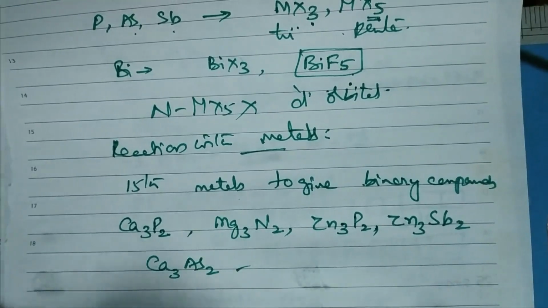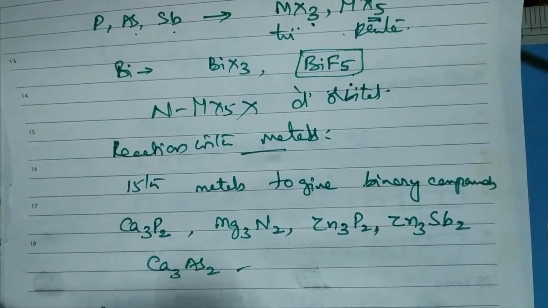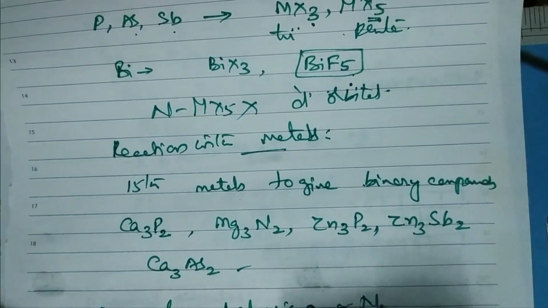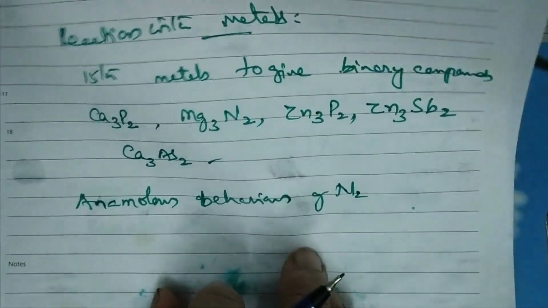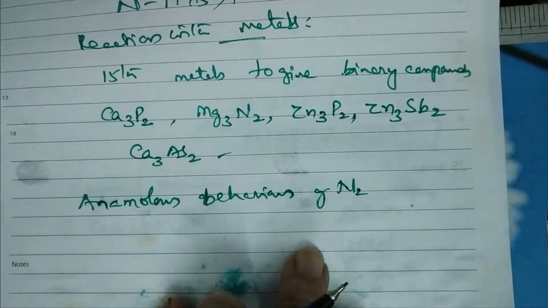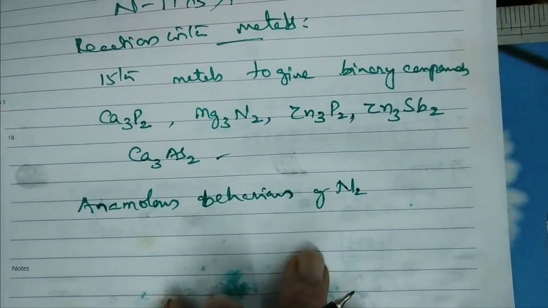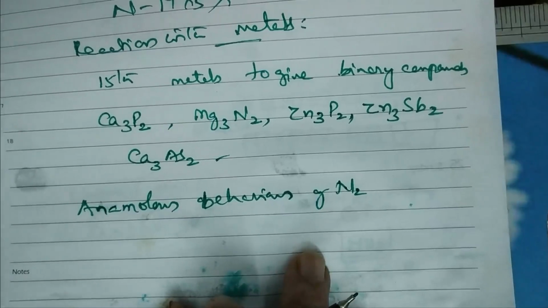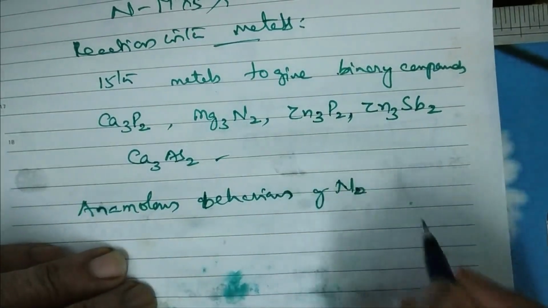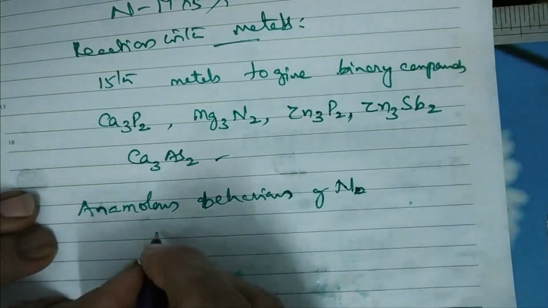And next, an important one, that is the anomalous behavior of nitrogen. We learnt about the anomalous behavior of the first element in each group. That is because it has the smallest size.